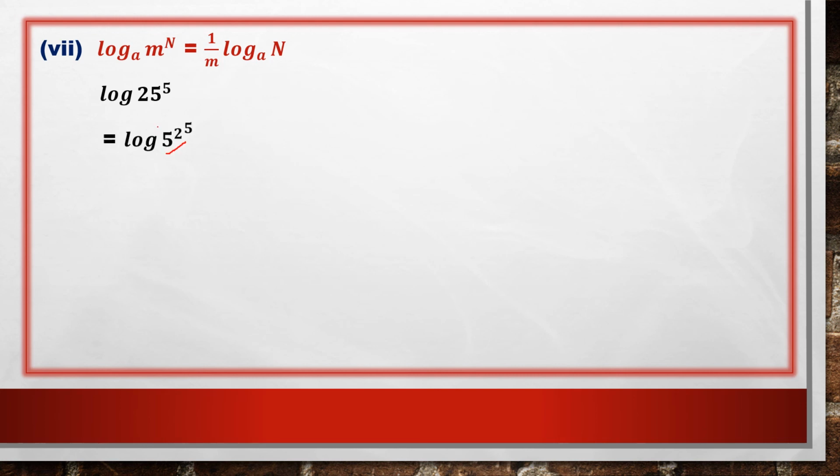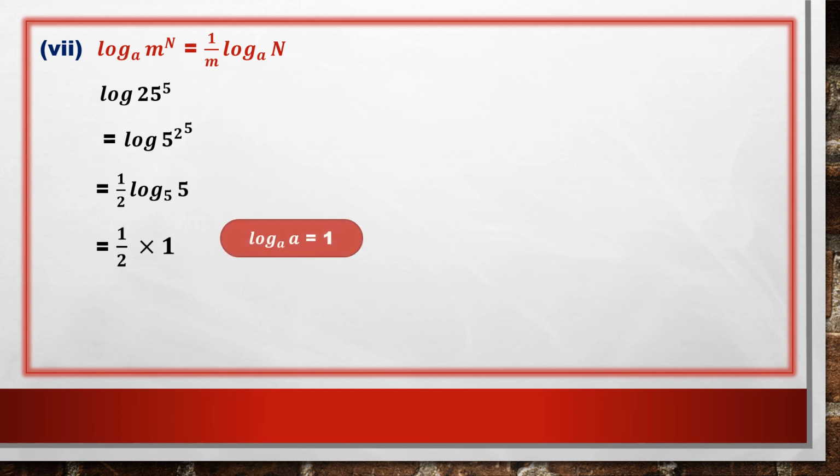If the base and the power are same, here you can write directly 1 by 2, right? 1 by 2 into log 5 base 5. Instead of writing directly 1 by 2, I am simplifying in this way. So log 5 base 5 is 1 because log a base a equal to 1. So 1 by 2 into 1 is 1 by 2. Let us go to the next property.